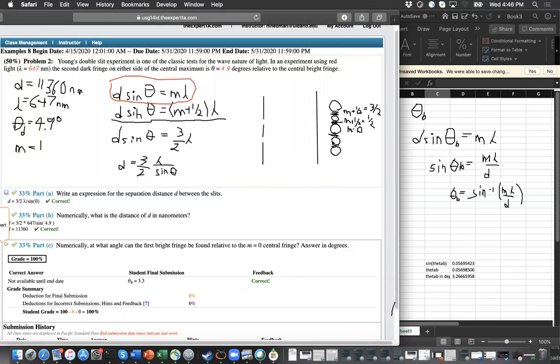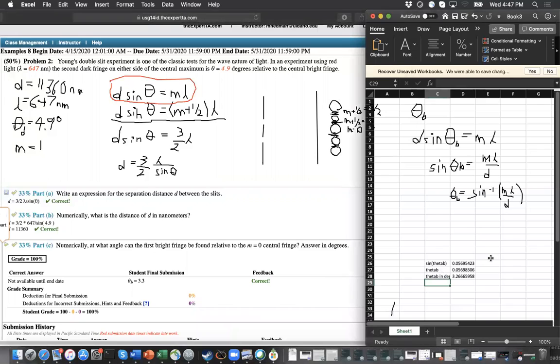Now, that was one way to do it. Another way to do it that almost works. Notice this. For the first thing, we had d sine theta was 3/2 lambda. For this thing, we had d sine theta b is just lambda. So the only difference between these two expressions is in this case we had 3/2.